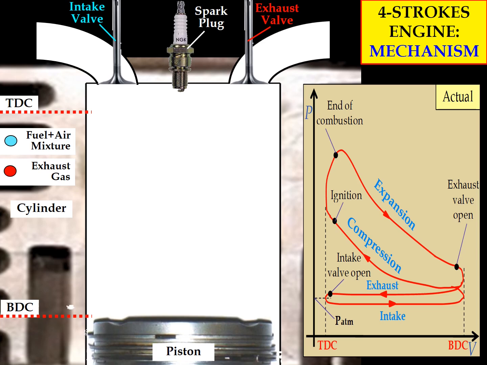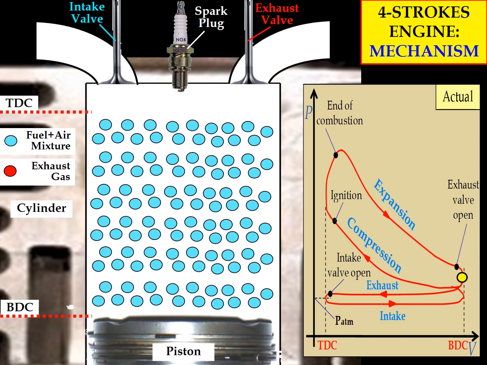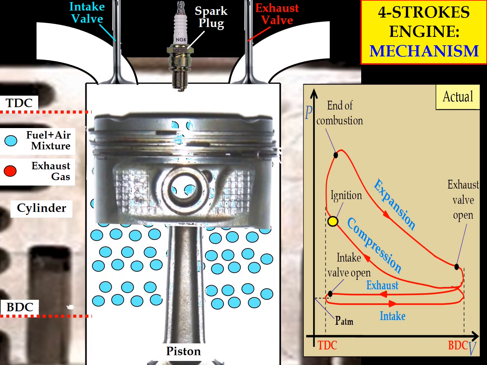Okay, now let's start with the mechanism of the four-stroke engine. We start with the position of the piston at BDC, and the compression process will occur, where at the beginning we consider the combustion chamber to be full of fuel plus air mixture. For the compression process, the piston must move upward, as shown in the animation.